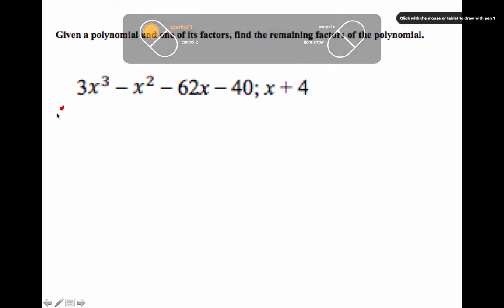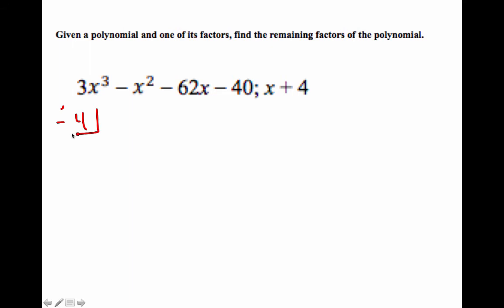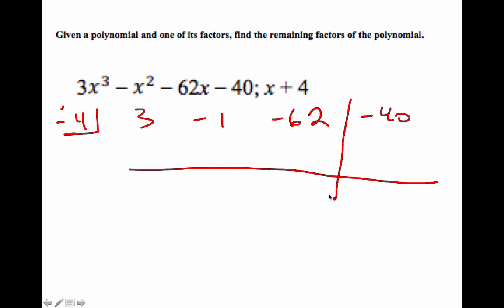It says it does. Negative 4, 3, negative 1, negative 62, negative 40. Okay. Put the line. Drop the 3. Multiply. Negative 13. Positive 52. Negative 10. Positive 40. 0. Oh, it's 10.